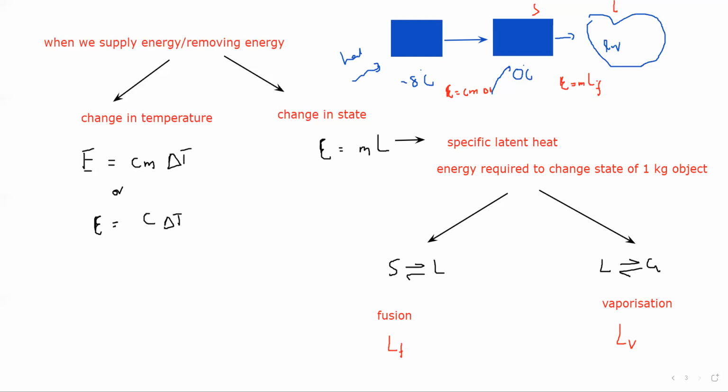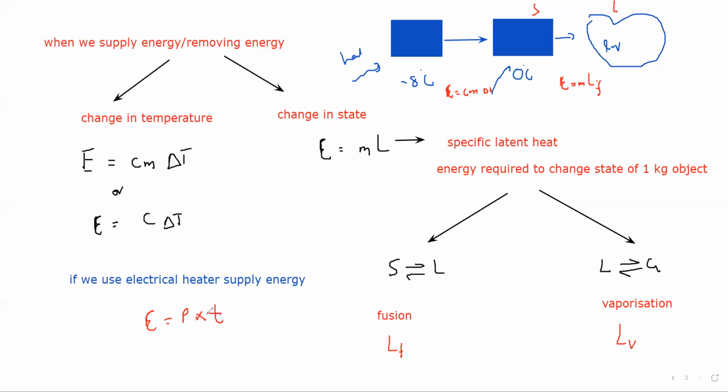Sometimes we are using electrical heaters to supply energy. If we are using an electrical heater to supply the energy, in that case, the energy supplied equals the power of the heater multiplied by the time for which the heater is used.